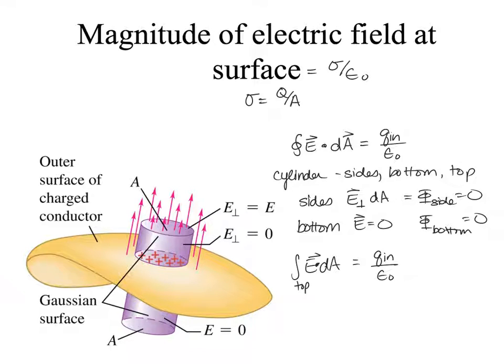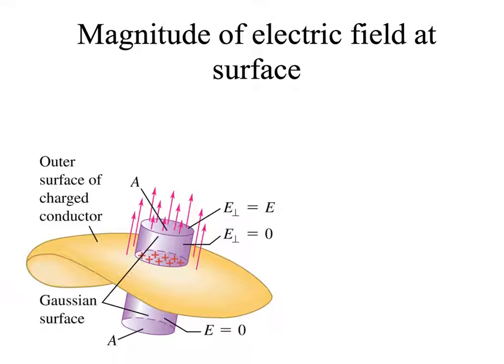So let's go to the next slide. So we have E dot dA at the top. The electric field and the area vector are parallel to each other, so that turns into E dA, and that's equal to the charge enclosed over epsilon naught. The electric field comes out, and we have the integral of dA is the charge enclosed over epsilon naught.